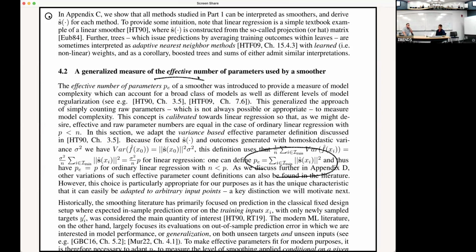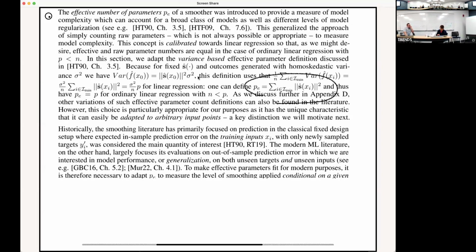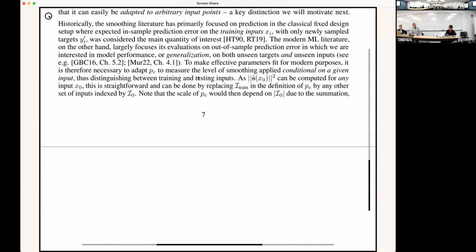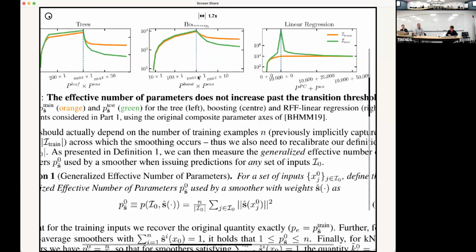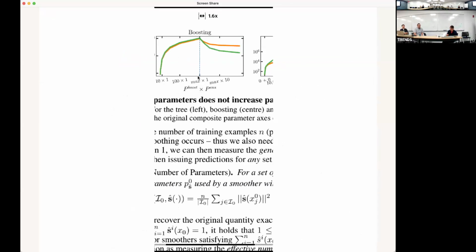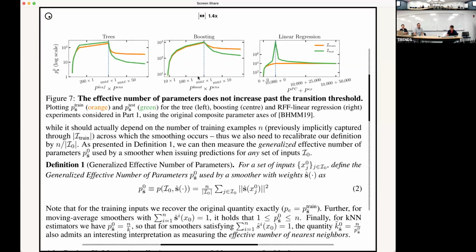And this effective number of parameters is where no double descent phenomenon is observed. The effective number of parameters does not increase past the transition threshold.